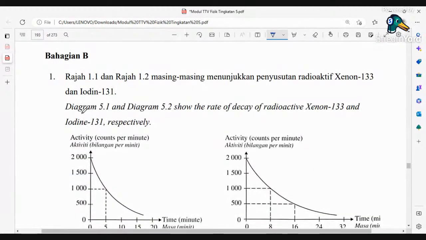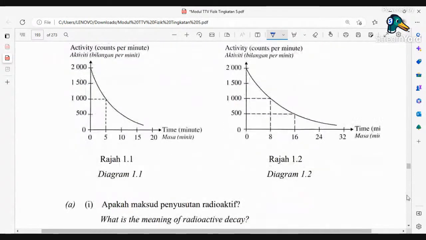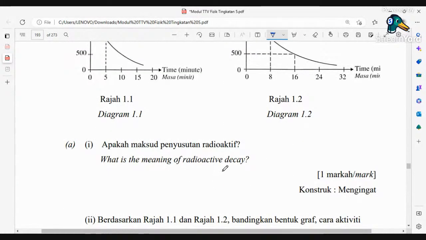Okay, for section B, we have 2 decay curves, 1.1 and 1.2. What is the meaning of radioactive decay? Unstable nucleus decays by emitting radiation. 1 mark.